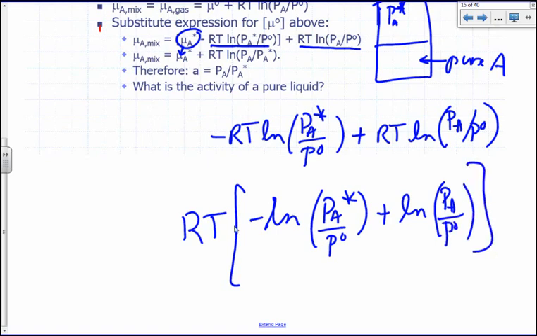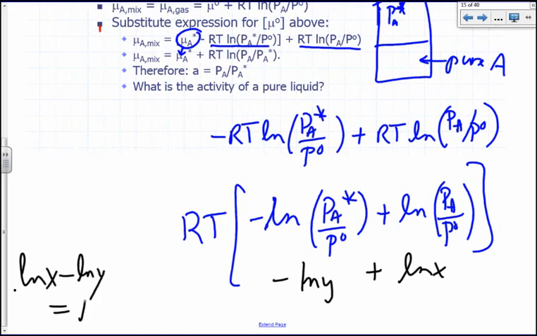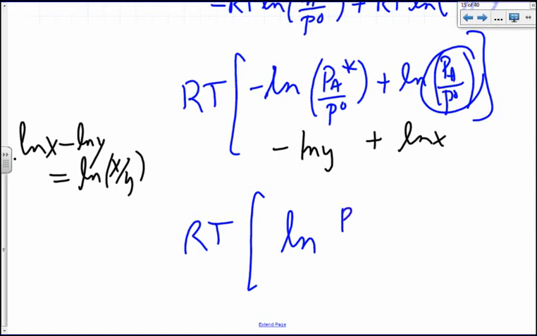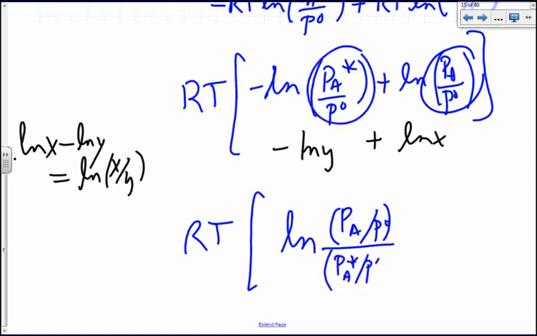This is like ln x minus ln y, and ln x minus ln y is just ln of x over y. So I can rewrite this as RT times ln of PA over P naught, over PA star over P naught.